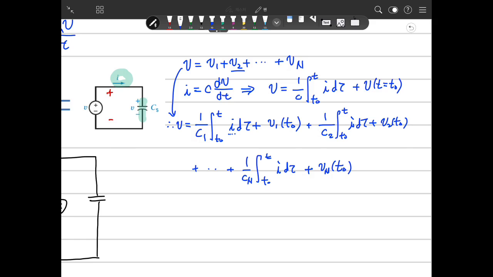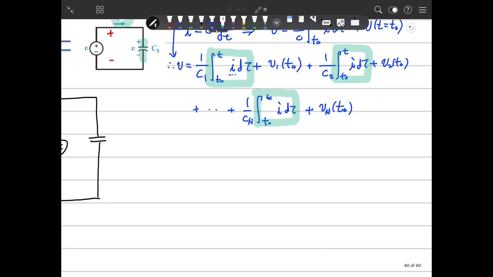So as you see, this term and this term are common for all capacitors because the current is common.